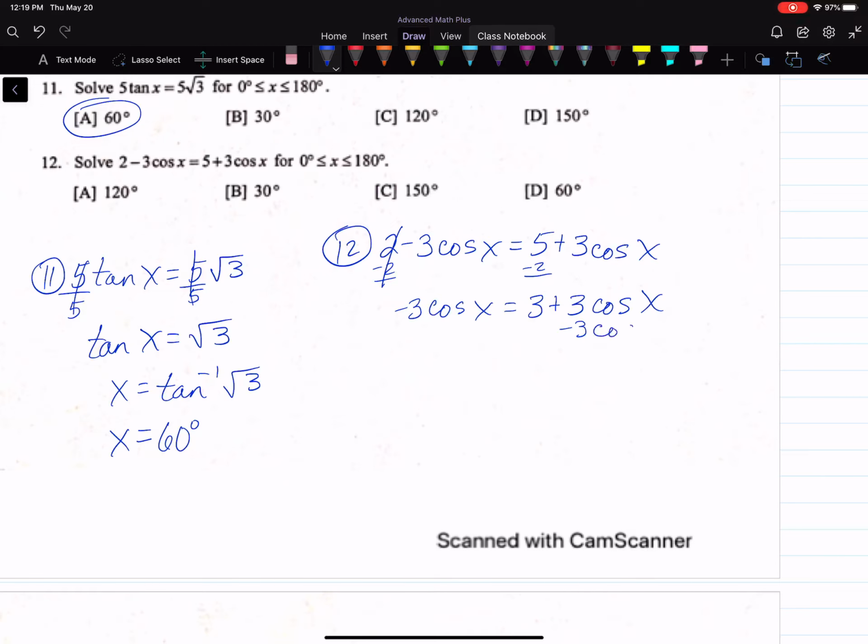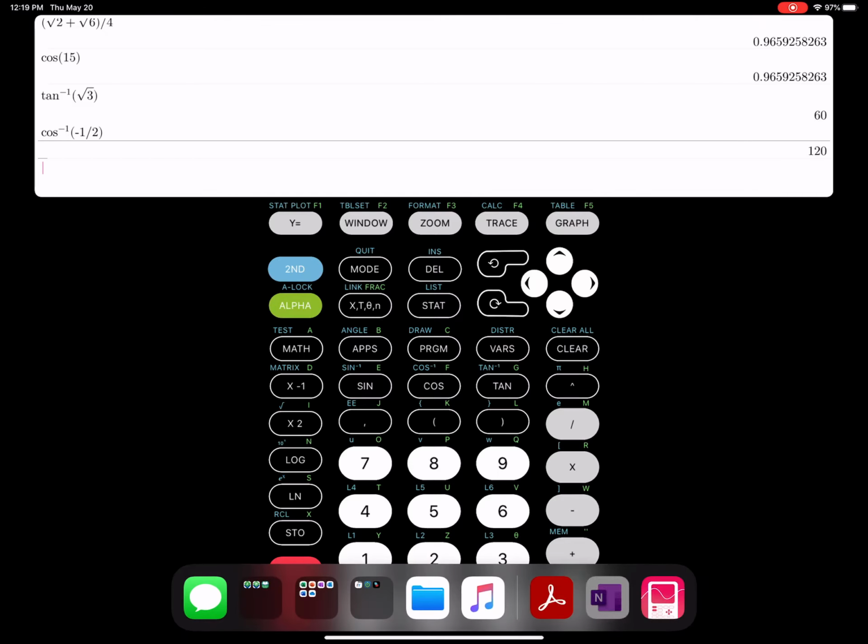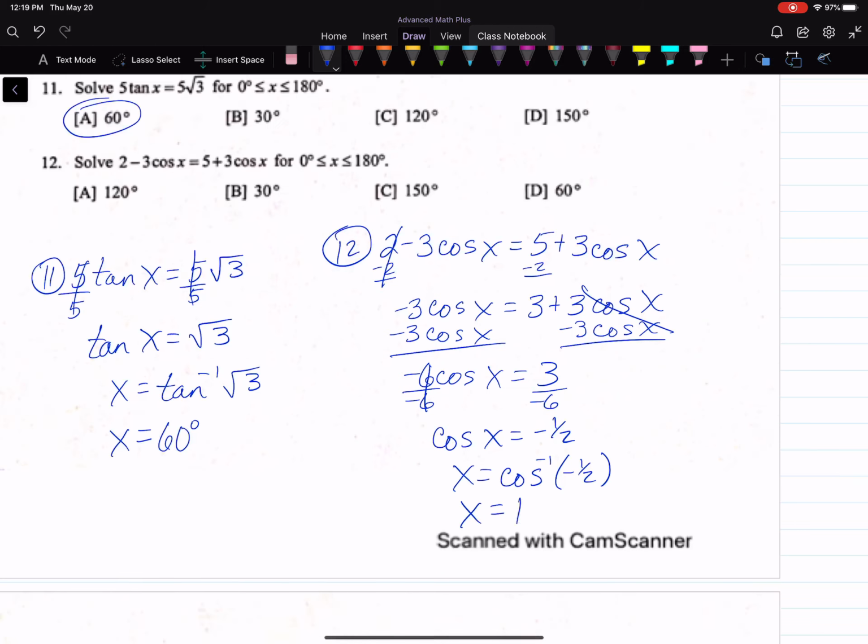So grab my calculator, hit second cosine, negative 1 divided by 2, and you get 120 degrees. So 120 degrees, which is also okay. Good. Awesome. All right, moving on.